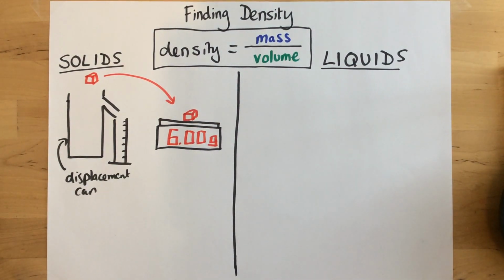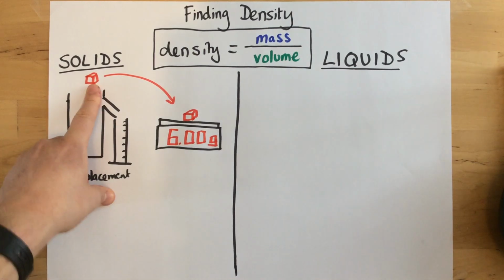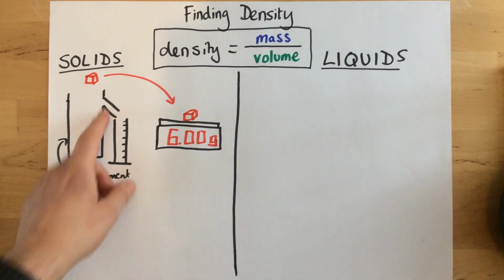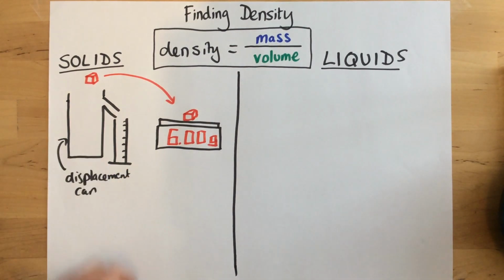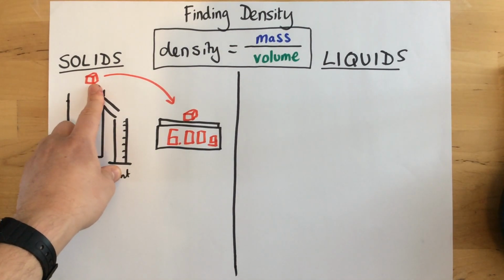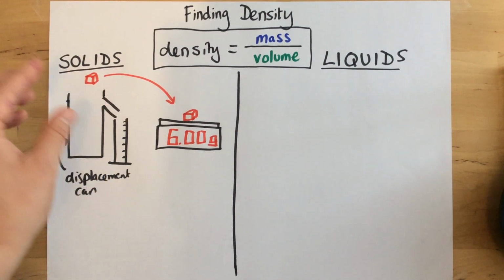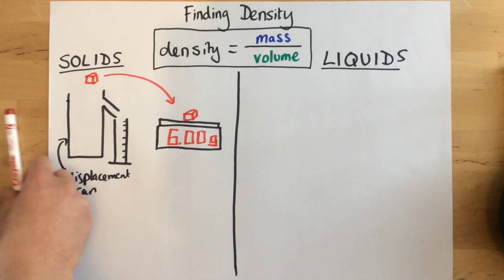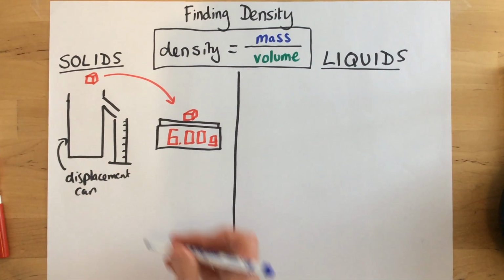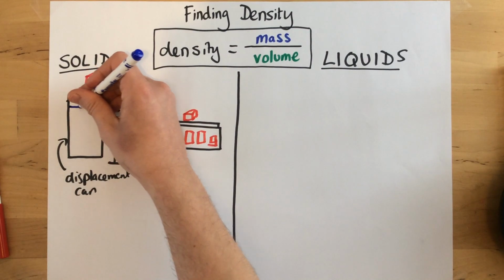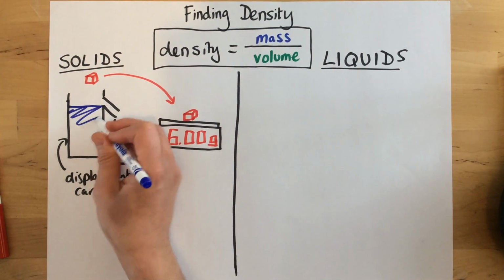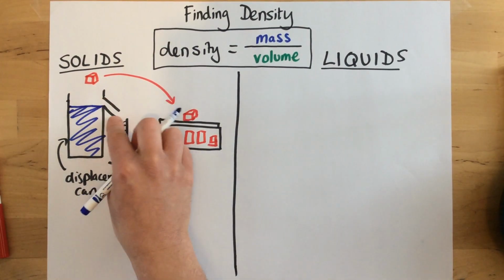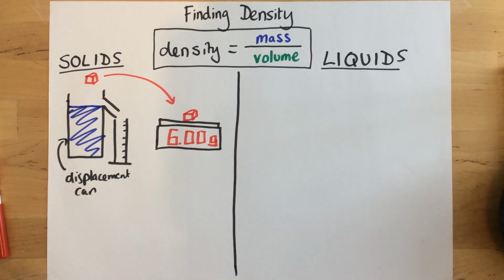The next thing I need to do is figure out the volume of this cube. I could measure it if it was just a regular sized cube and find out the volume that way. Or if it was an irregular shape, I could use the displacement can and a measuring cylinder to find the volume. So what I do is this. I fill my displacement can up with water, so the water is just below the level of the spout.